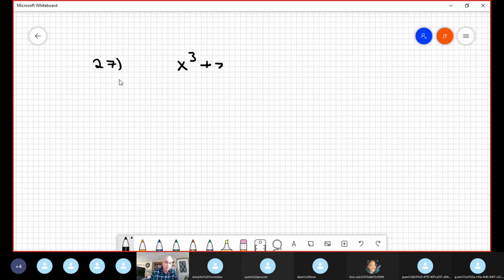Okay, suppose x to the cubic plus 2 x squared minus 5x minus 6. Okay, ready to find the rational zeros.